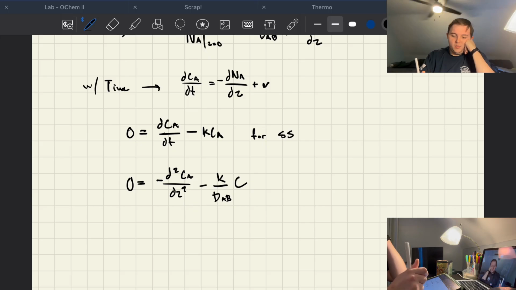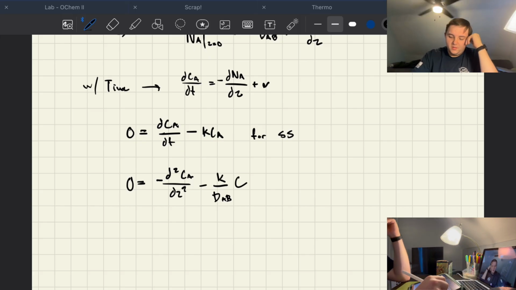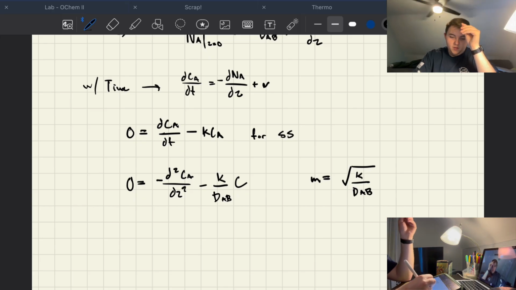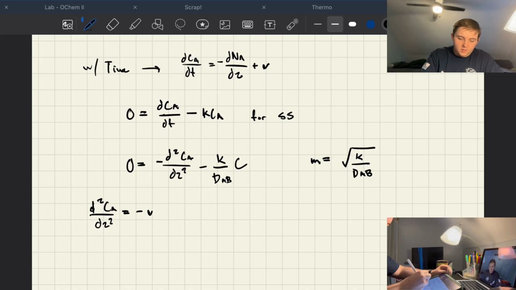Since we need C, we'll just call it M, and it's going to have to be equal to the square root of K over D_AB in order to isolate C. So when we plug our M in, we'll get d squared C_A over dZ squared is equal to negative M squared C.